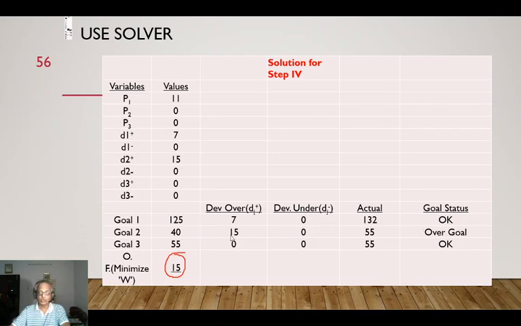For goal 2, part 1 achieved, part 2 is not achieved because it is more than by 15. Actually it is 55, so it is more than the target by 15 employees. And goal 3, it has been achieved.